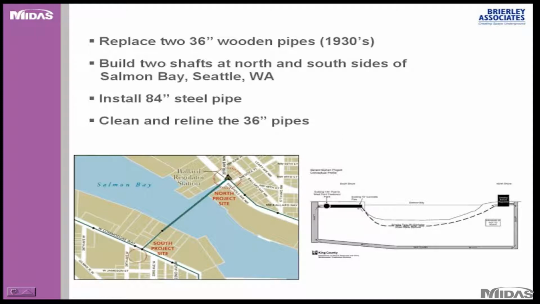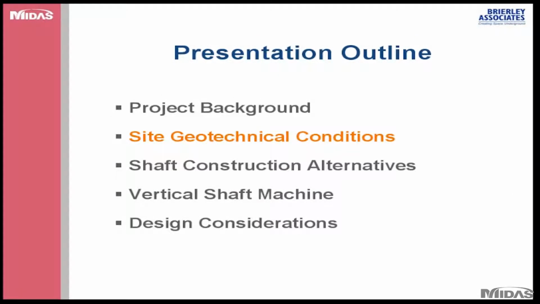Basically, the idea is to replace the two 36-inch wooden pipes with an 84-inch pipe, and after building this pipe they are going to go back and clean and reline, or use a new liner for, the existing 36-inch pipes and add them to the system later on.